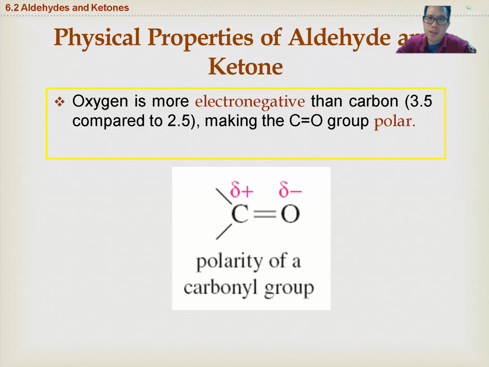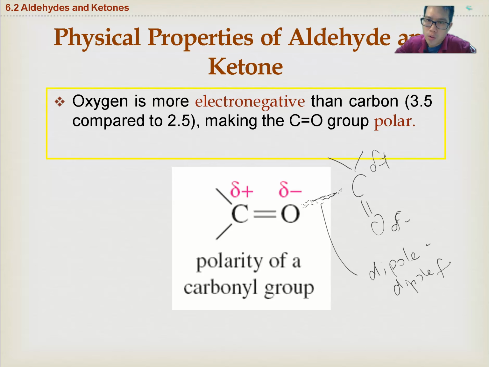The oxygen is delta negative and the carbon is delta positive, and there is an interaction between the negative and the positive. This interaction is what we call dipole force.